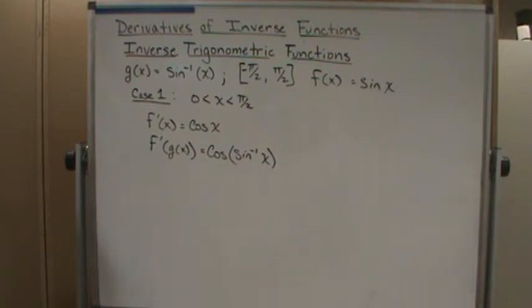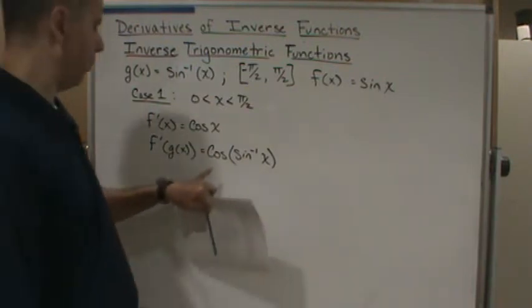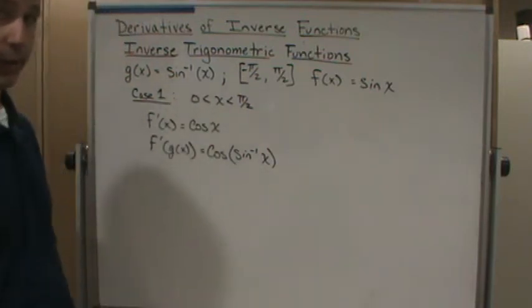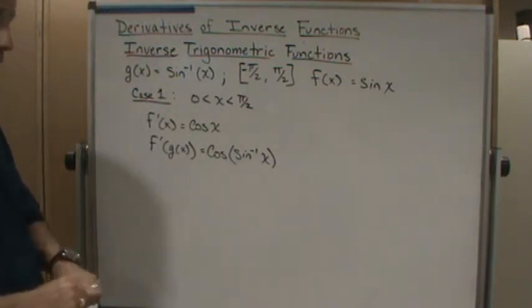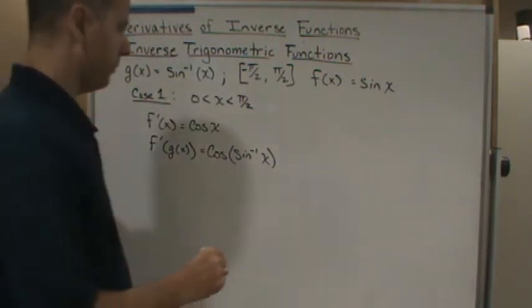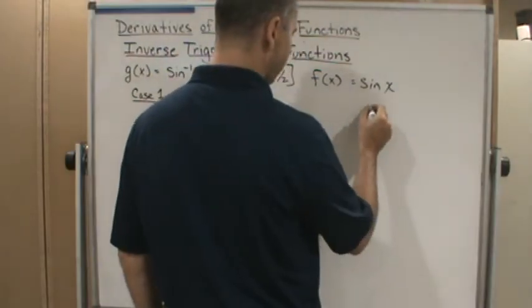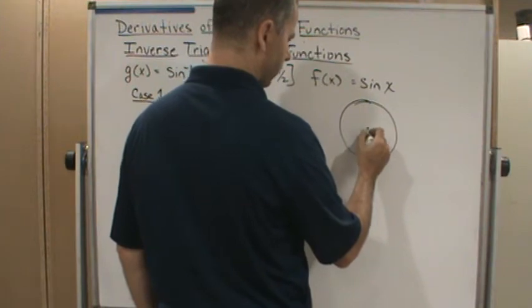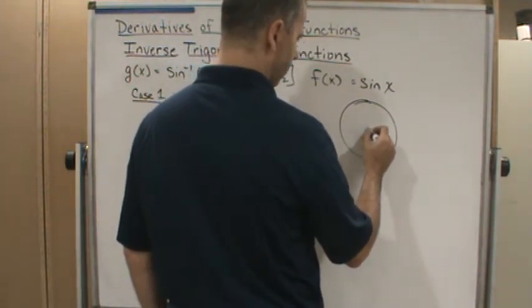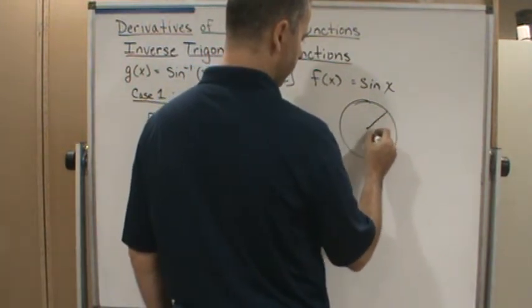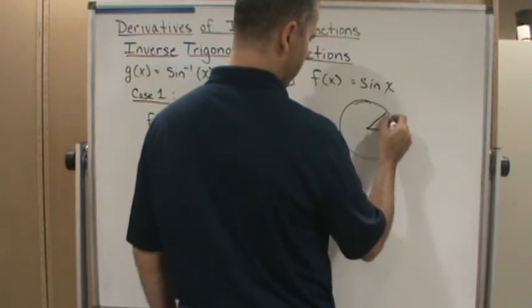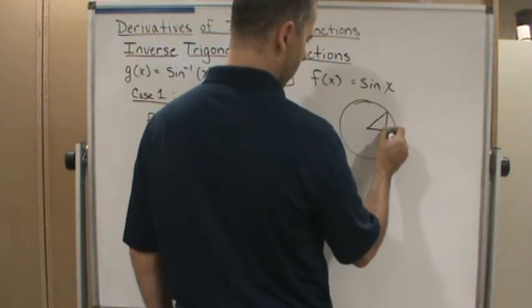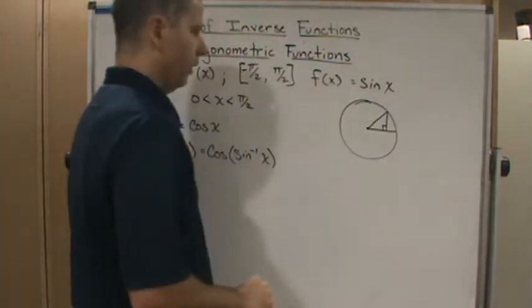So now, let's figure out how we're going to do this. Some of you might already know this, but if you don't, let's dust off the cobwebs and come back to the unit circle. Let's say we have this acute angle theta.